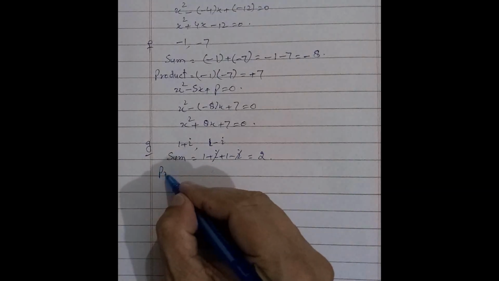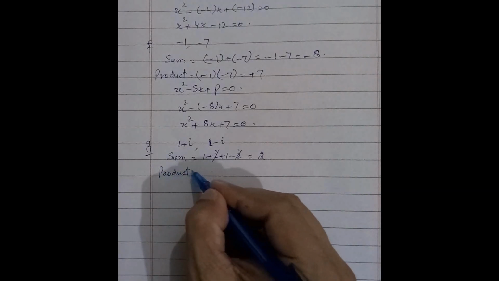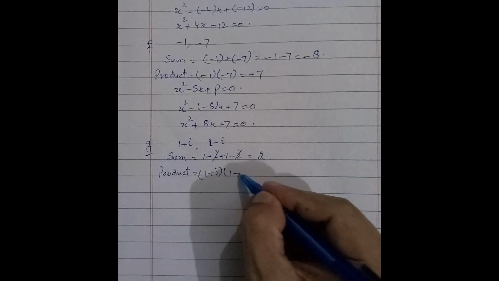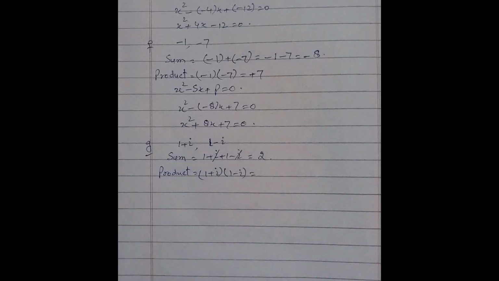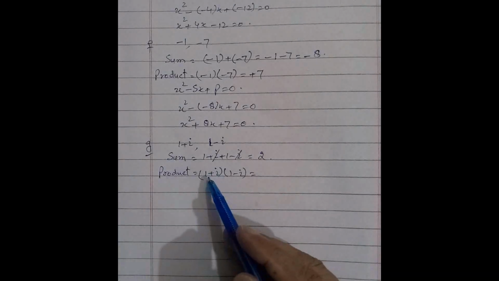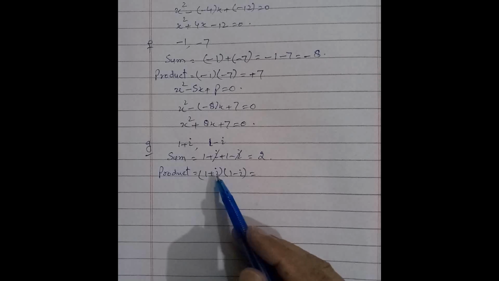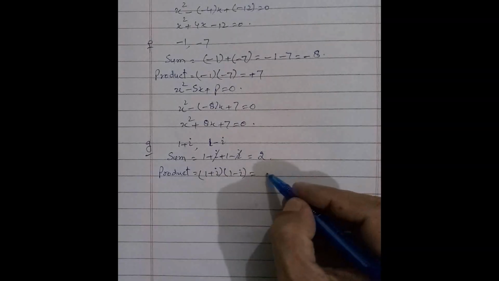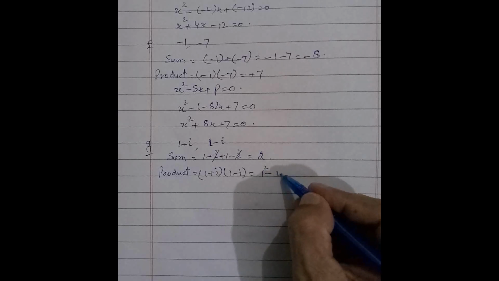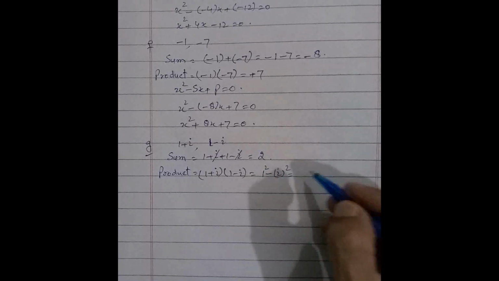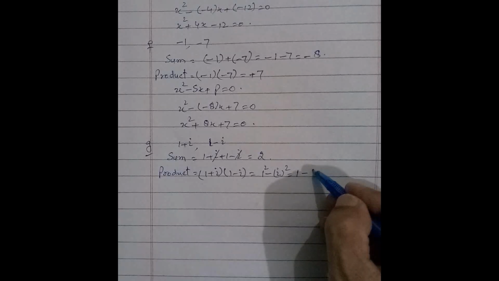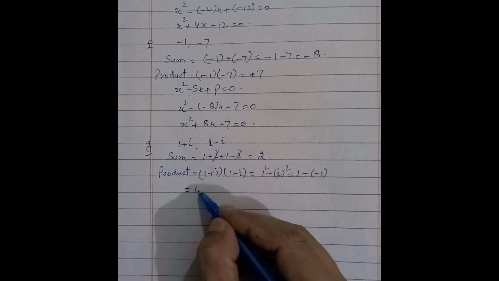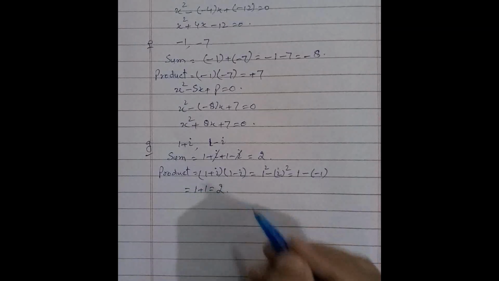And the product is 1 plus iota into 1 minus iota. It is the formula a plus b into a minus b, and the answer is a square minus b square, which is 1 square minus iota square. And simplify it, 1 square means 1, minus iota square is equal to minus 1, which is equal to 1 plus 1 is equal to 2.